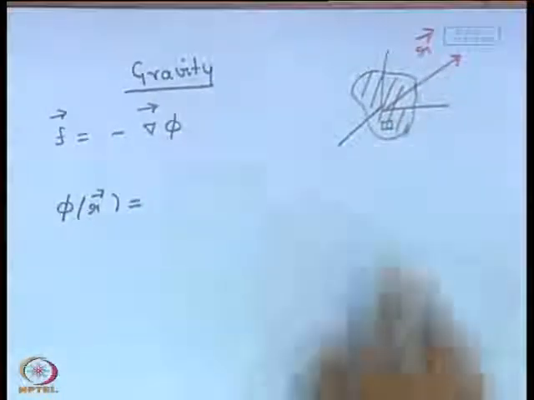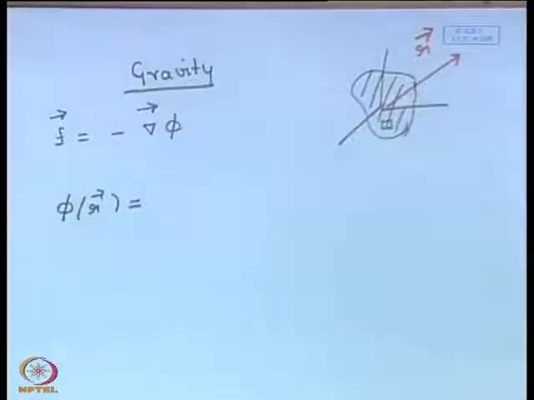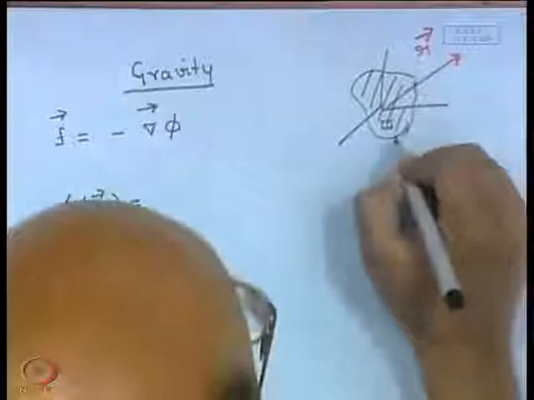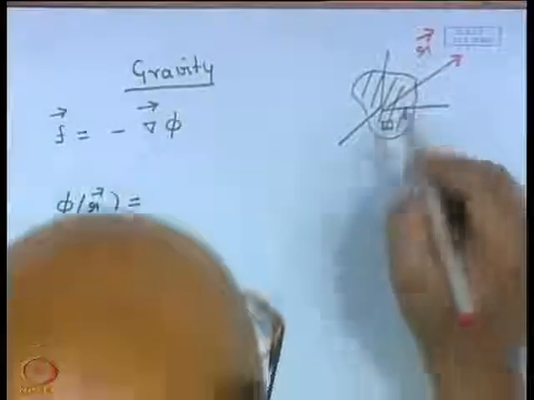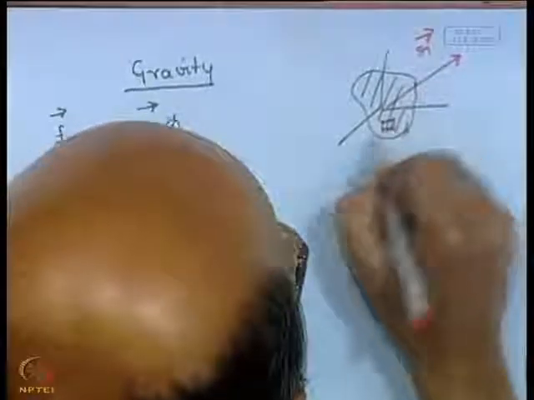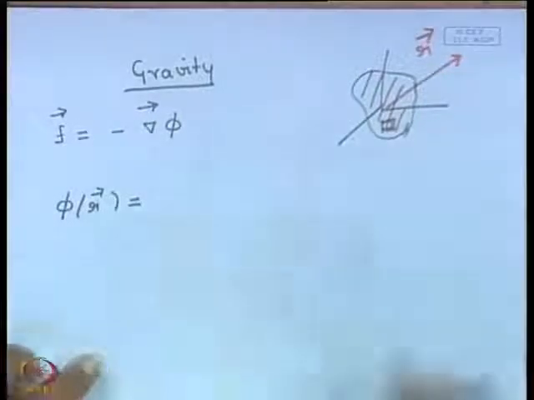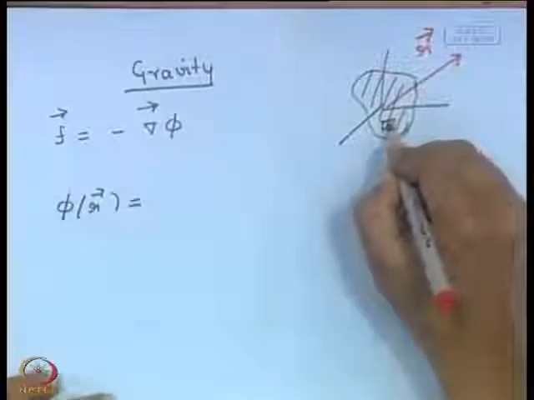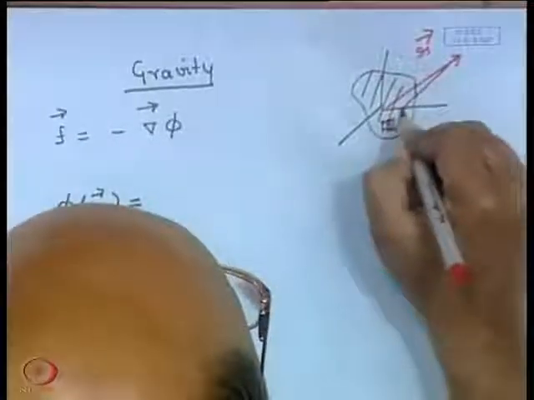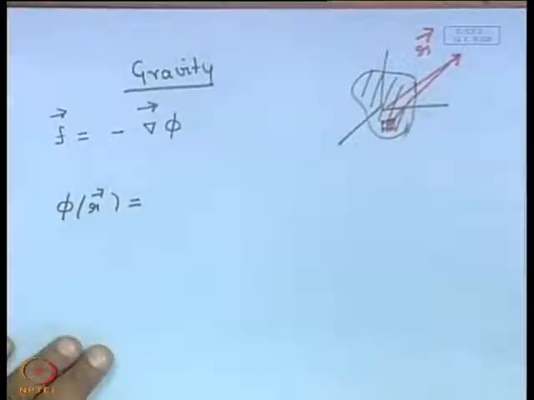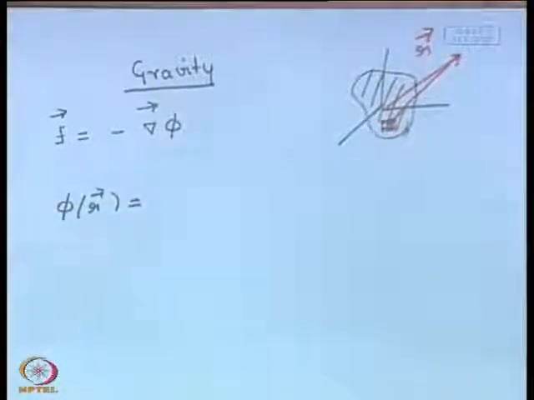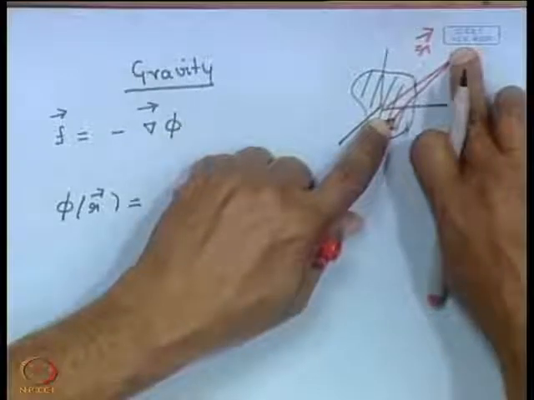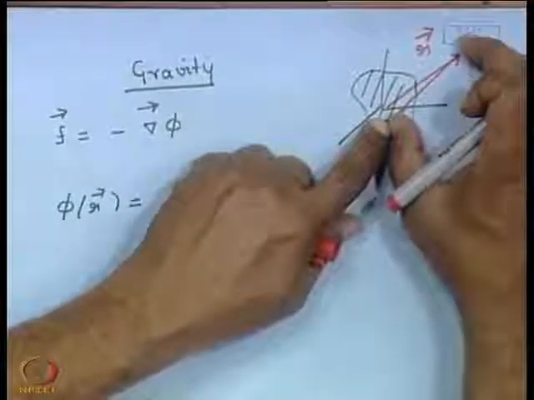How do I calculate it? What we do is we divide this up into small mass elements. So let us ask how much gravitational potential is produced by this mass element at this point. We know that this will produce a gravitational potential here, which is minus G m by this distance.